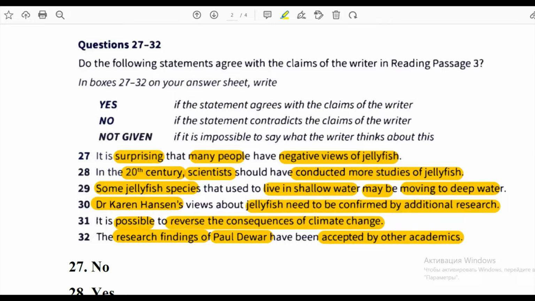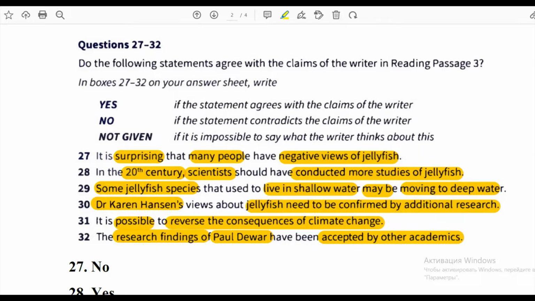First tip: the views or claims in the questions are in the same order as the information in the passage. Let's say if your first task type of questions of the reading passage is yes, no, not given, it means your first located paragraph should be the first paragraph, then the second and third one.